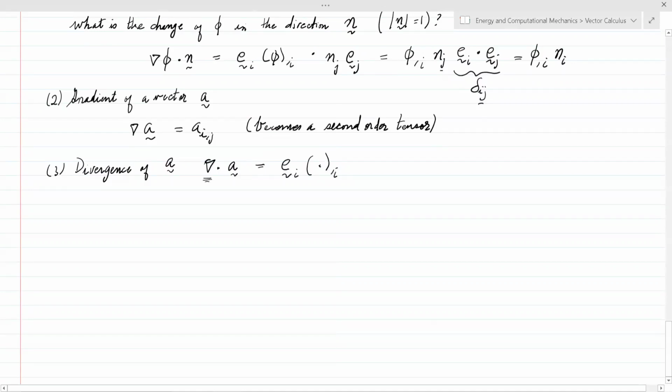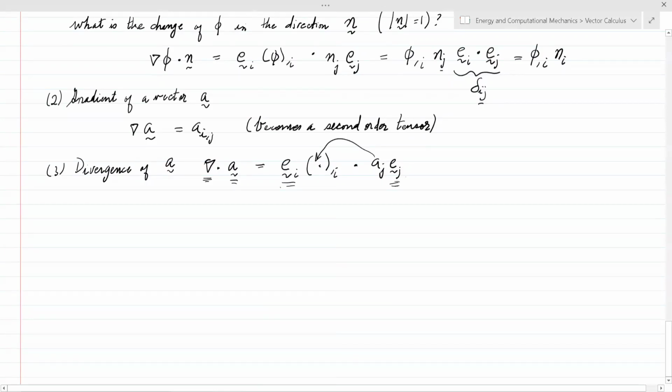So that's what this represents. We're dotting that with A_j e_j, which is this vector A represented in the Cartesian coordinate system. Now I can operate, and you see that the dot product of these two becomes delta ij. So I can operate this in here.